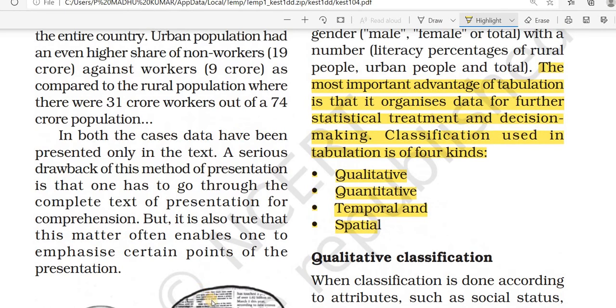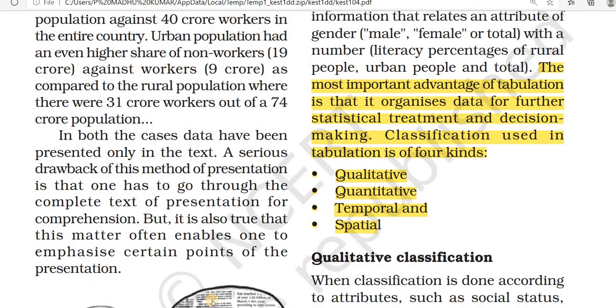The most important advantage of tabulation is that it organizes data for further statistical treatment and decision making. We can use this data later also. Before that we need to classify the data. How can we classify the data?